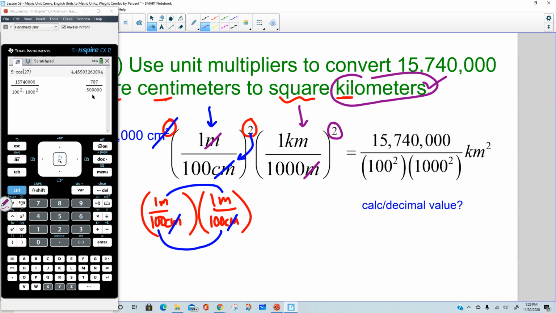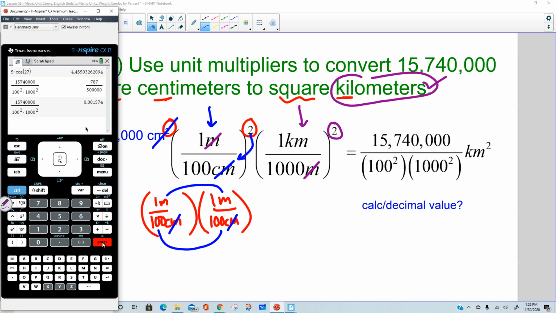That's really meaningless, a fraction of square kilometers. I need a decimal value. If I don't get a decimal, I can force it to give me a decimal for that fraction by hitting Control Enter. Notice it's that little squiggles symbol up there, which means approximate. Okay, and that gives me my decimal.